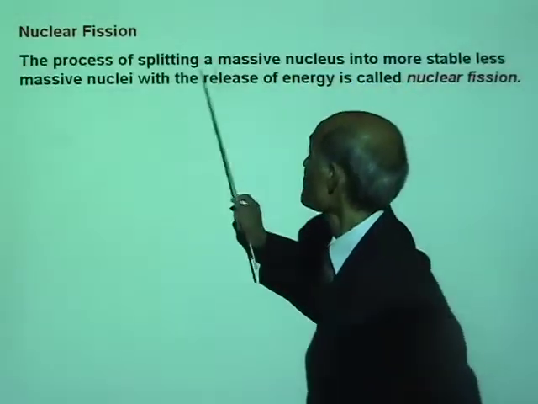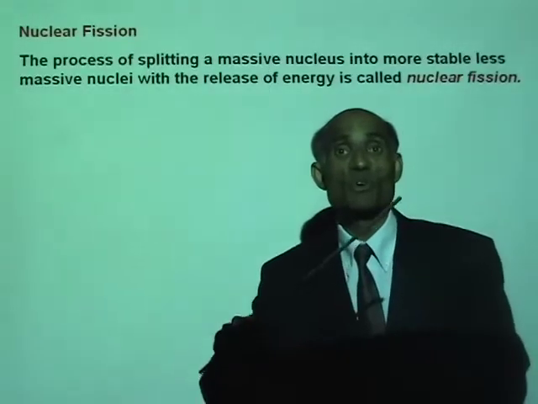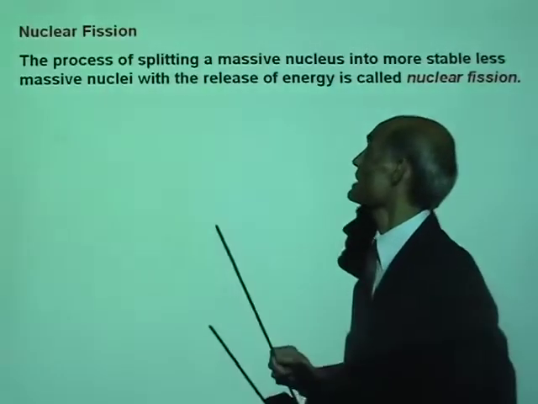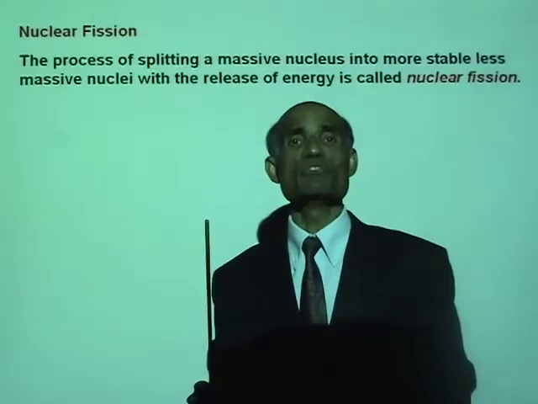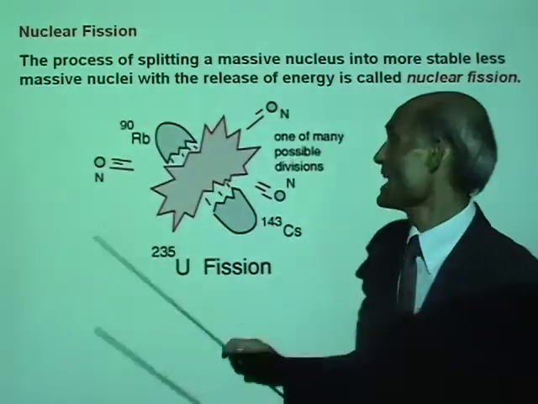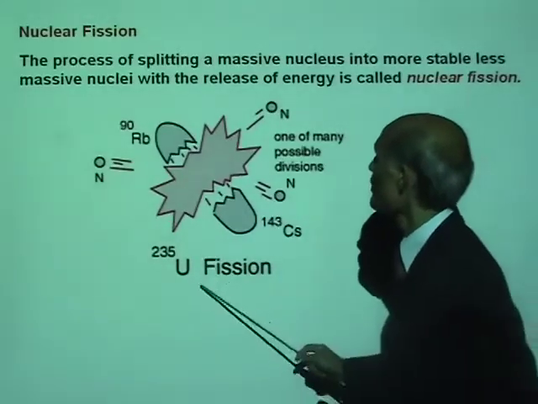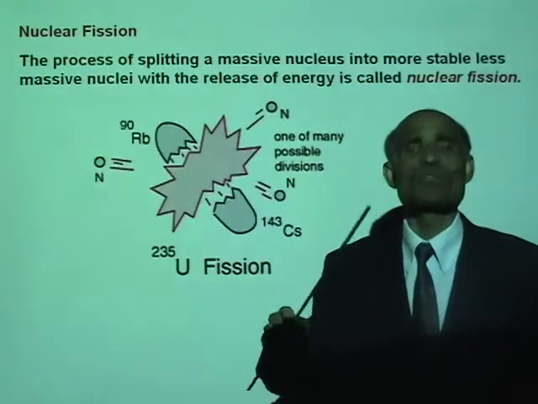The process of splitting a massive nucleus into more stable, less massive nuclei with the release of energy is called nuclear fission. Now here I have illustrated the process of fission of an isotope of uranium.